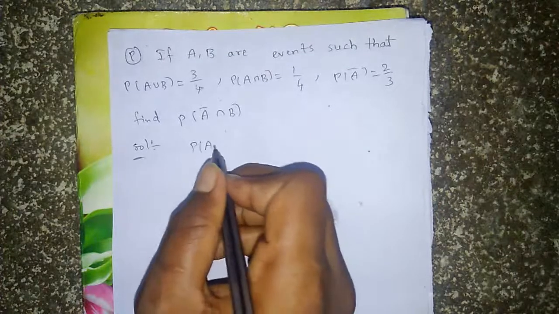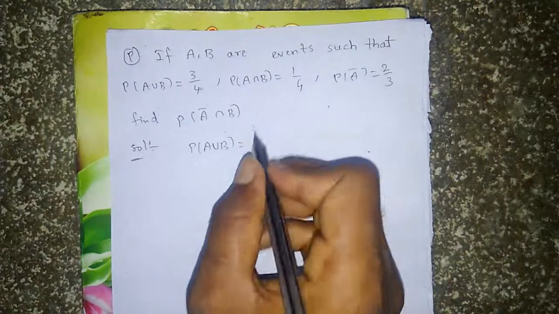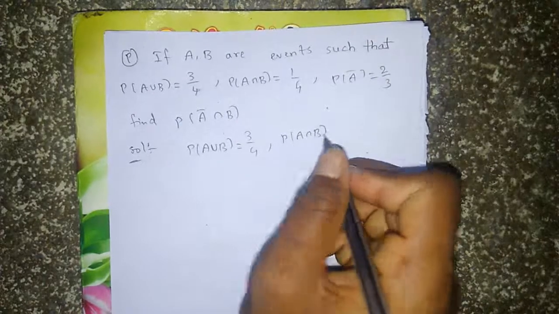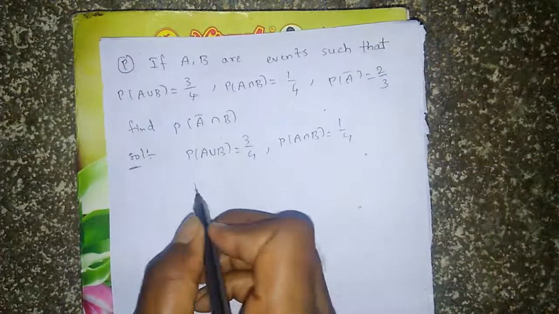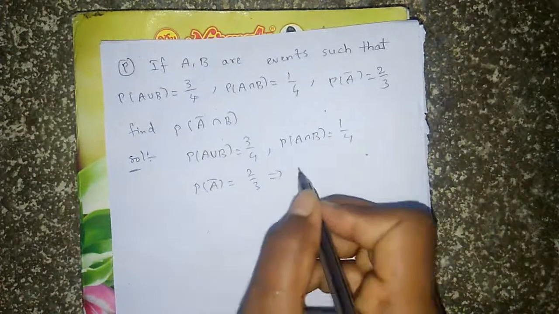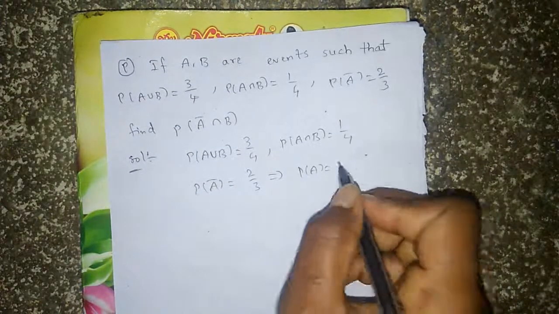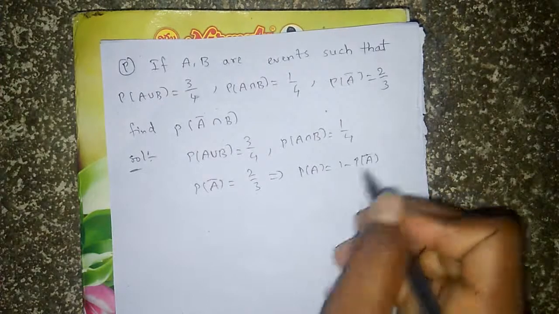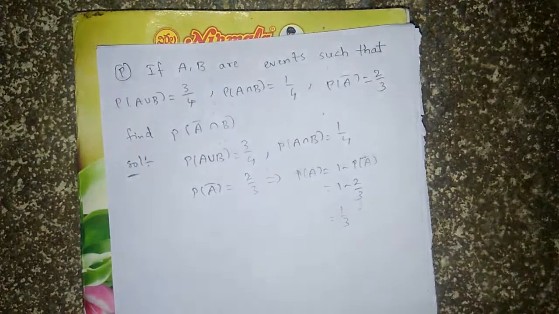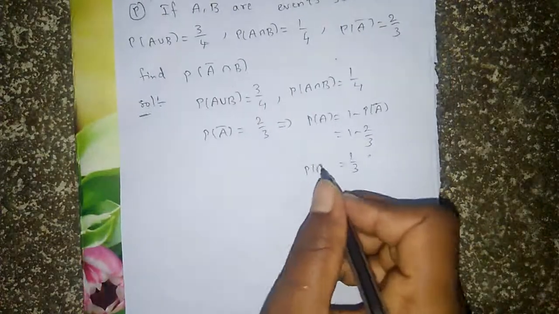Here given P of A union B is equal to 3 by 4, P of A intersection B is equal to 1 by 4, and P of A bar is given as 2 by 3, implies P of A is equal to 1 minus P of A bar, that is 1 minus 2 by 3 is equal to 1 by 3, that is P of A.